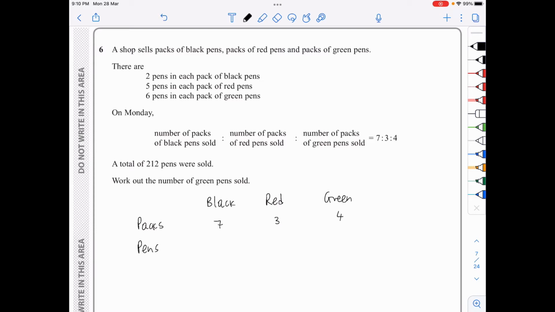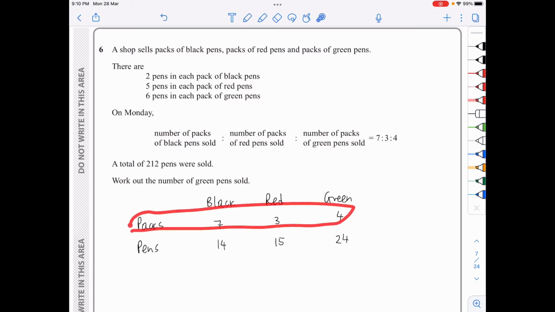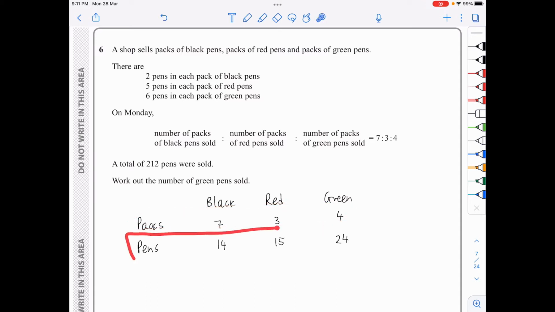So the ratio of pens, not the ratio of packs, will simply be these quantities here multiplied by the corresponding number of pens in each pack. So 7 times 2 is 14, 3 times 5 is 15, 4 times 6 is 24.